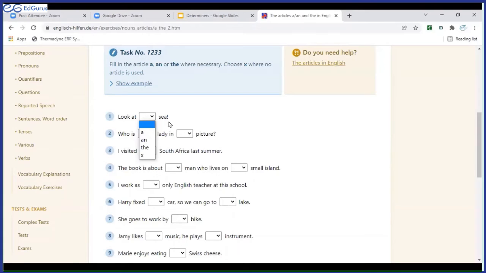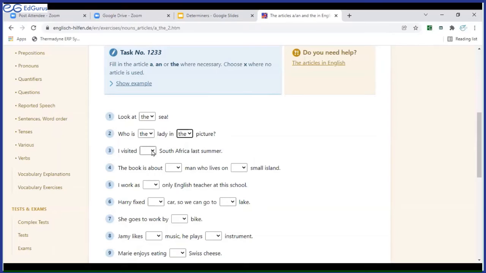Look at the sea. That's correct. Who is dash lady in dash picture? Who is the lady in the picture? Good.